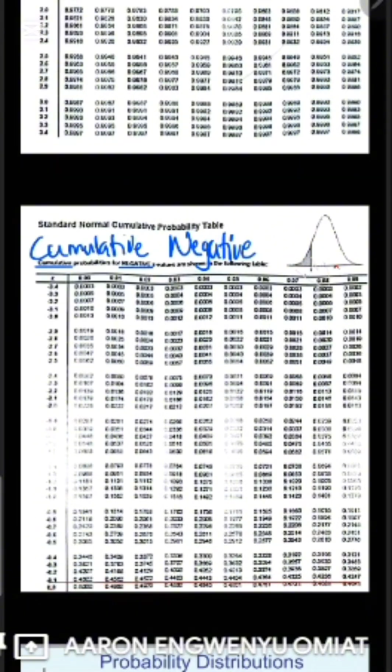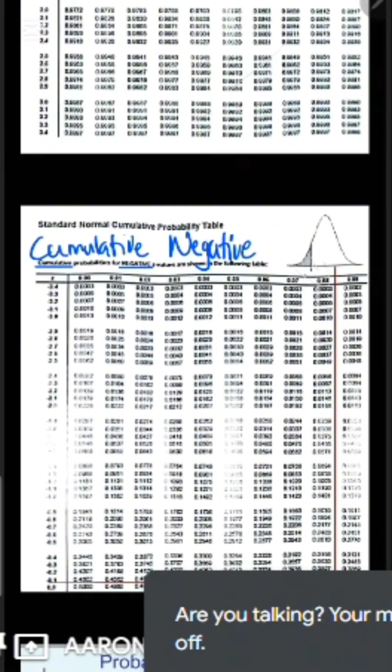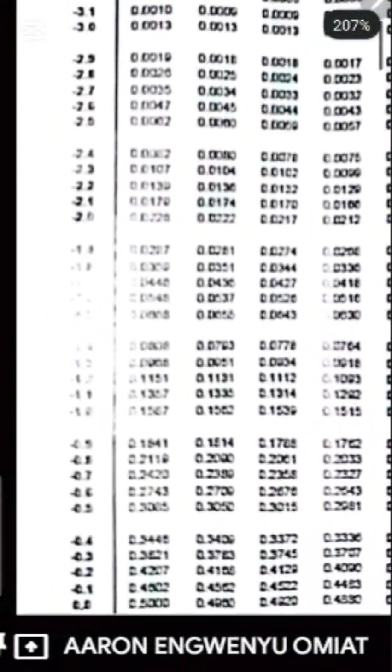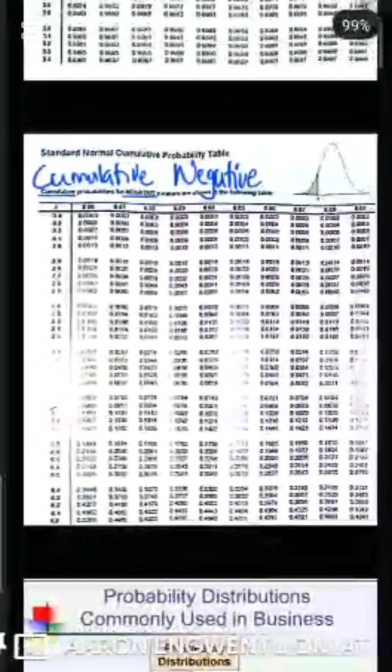Our z value was negative 1.375, so we go to 1.3, which is here.